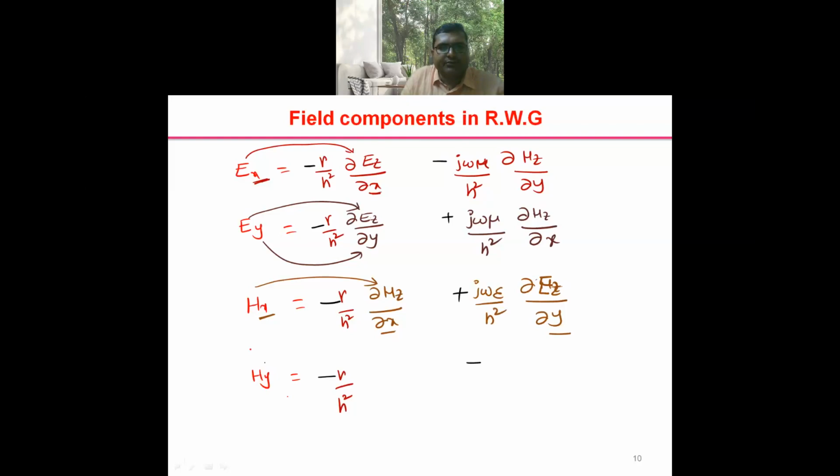Like that, Hy is dou Hz by dou y minus j omega epsilon by h square dou Ez by dou x. In this fashion, you can remember the field components in rectangular waveguide. These equations are very important in TM mode and TE mode propagation in rectangular waveguide.